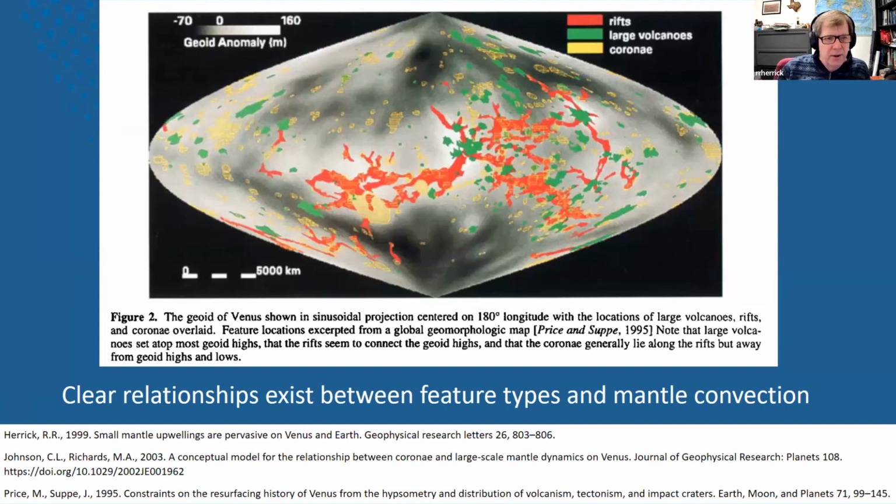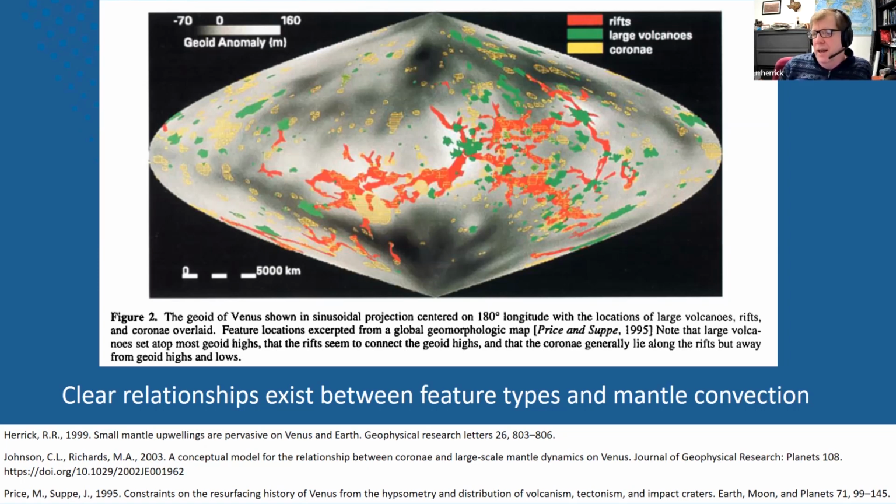So if you look at the pattern, and Dan talked a little bit about this last time, if you look at the pattern of the largest volcanoes and the coronae and the rift system, and you compare that to the geoid, which you can use as maybe a proxy for mantle convection, what you see is that where you have large geoid highs, that tends to be places where the rift system has intersections and you get large volcanoes.